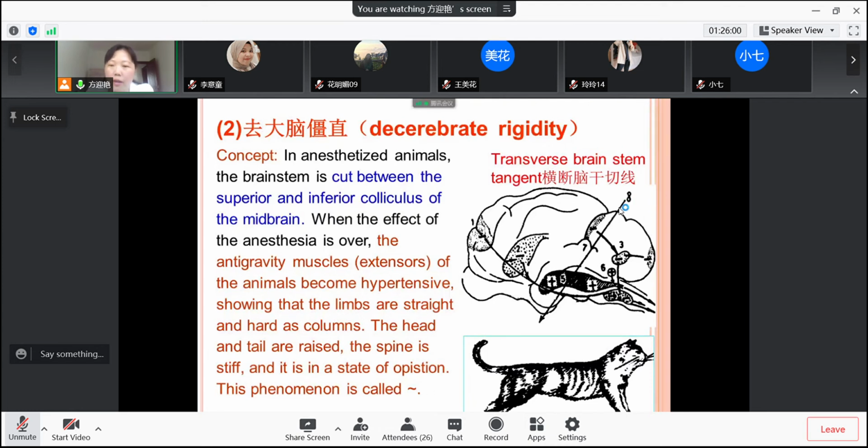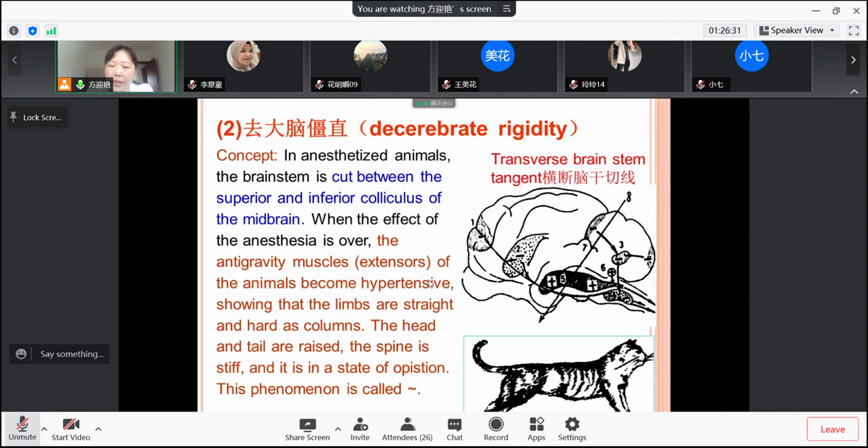When the effect of the anesthetic is over, we found that the animal's anti-gravity muscles immediately become hypertonic, above the normal level.